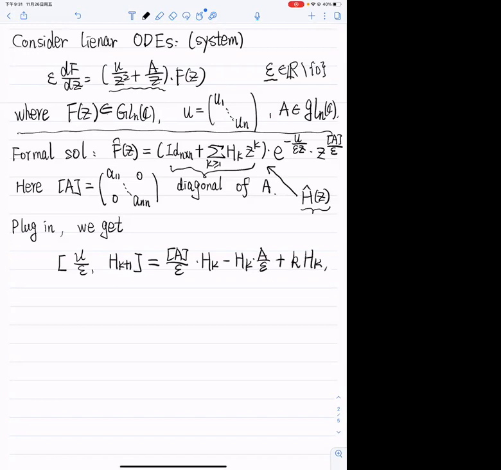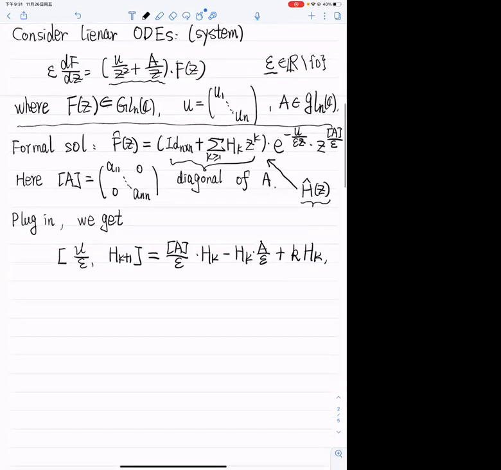On the left, we take the commutator between U and Hk plus 1. From this, we can solve this recursion relation term by term, step by step, to get a unique solution. So this gives a unique formal power series.